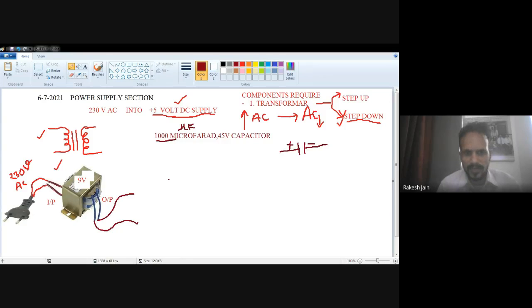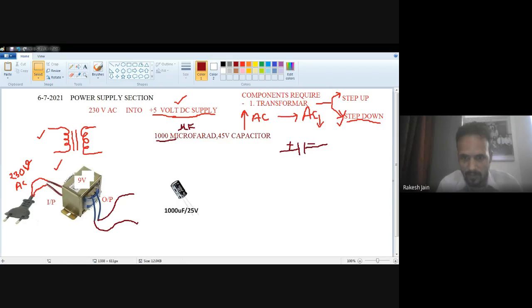So let it be looks like this. There is no problem with a 45 volt or 25 volt; any capacitor of 1000 microfarad, 16 volt, is also available. So any capacitor of 1000 microfarad, you should connect 40 volts.